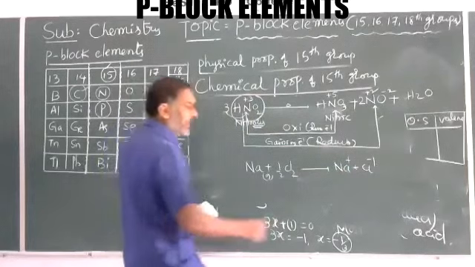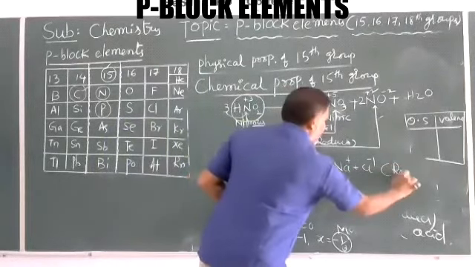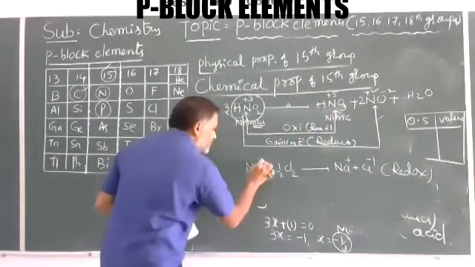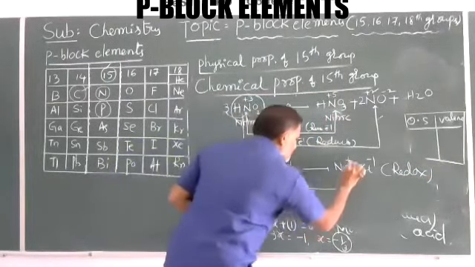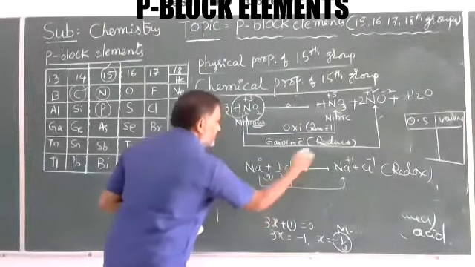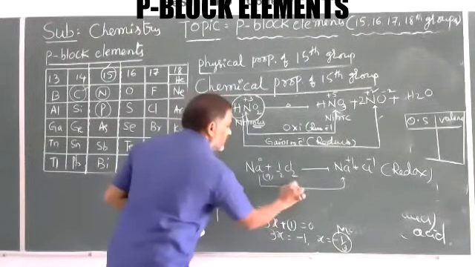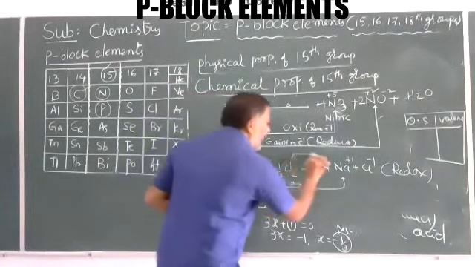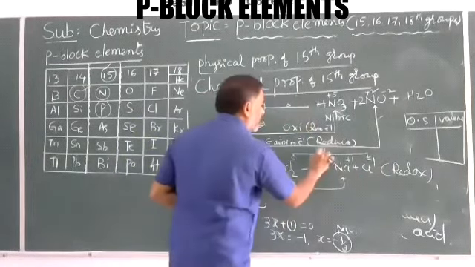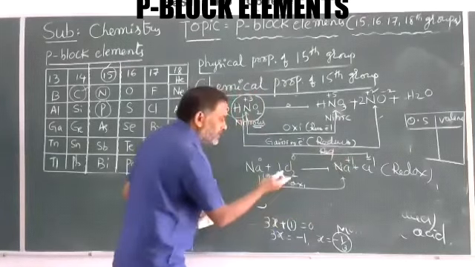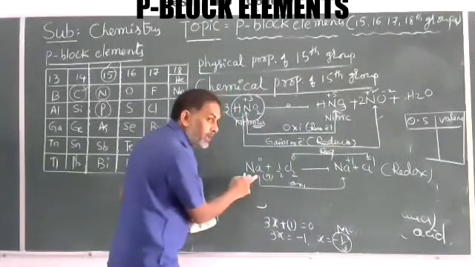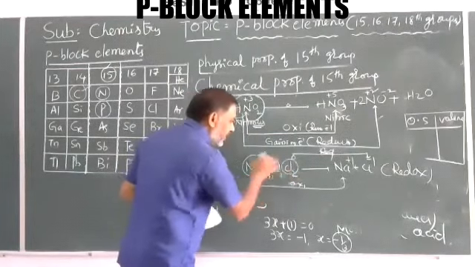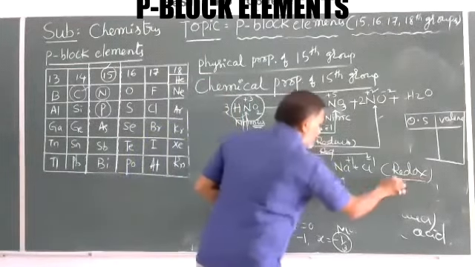It is a redox reaction, because sodium goes from 0 to plus 1, the positive charge increases, meaning removal of electrons, so oxidation takes place. Chlorine goes from 0 to minus 1, gaining of electrons, reduction. But oxidation and reduction are not by any one element; they are separate. Sodium is oxidized, chlorine is reduced. That's what a redox reaction is.